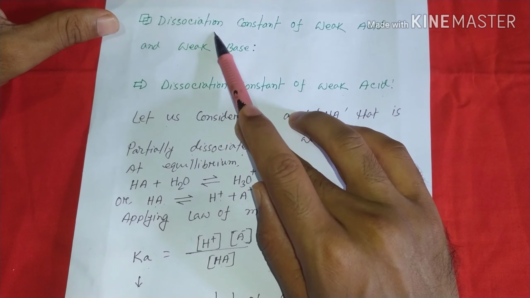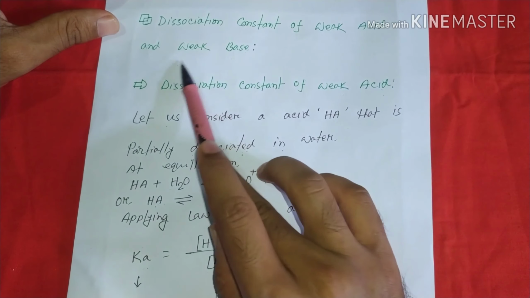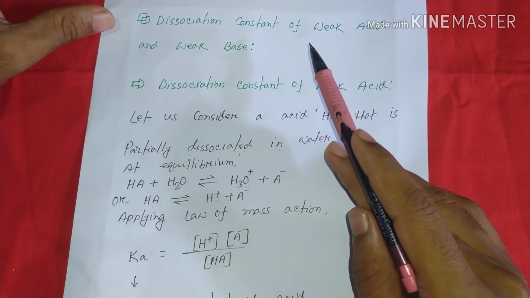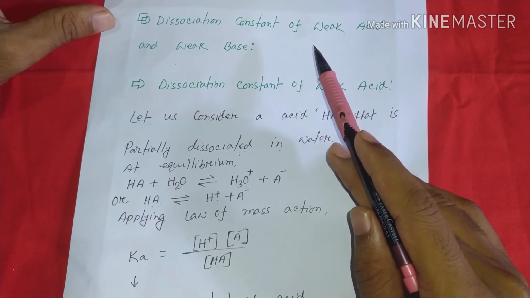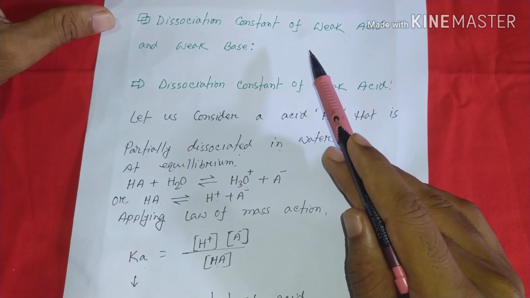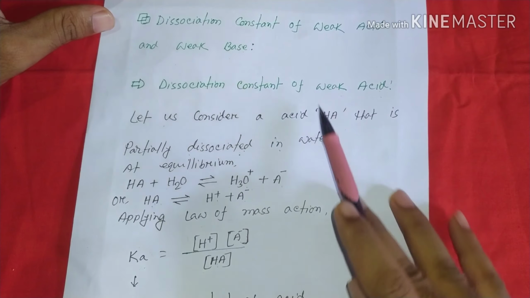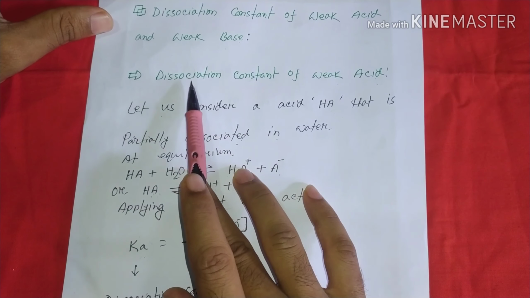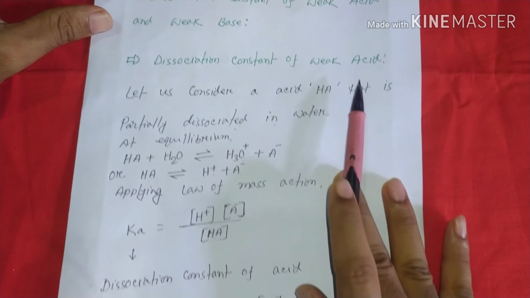Now the determination of the dissociation constant of weak acid and weak base. This dissociation constant denotes the strength of acid or base. If the value of the dissociation constant is higher, then the acid or base will be stronger.